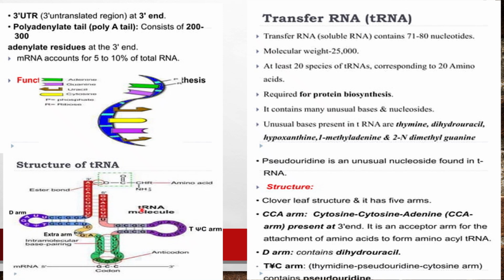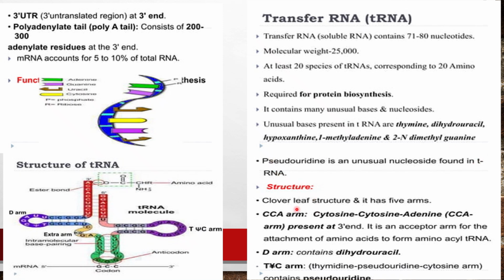That means there are various derivatives of the basic bases and nucleotides. Unusual bases present in transfer RNA are thymine, dihydrouracil, hypoxanthine, 1-methyladenine, and N2-dimethylguanine. Then pseudouridine is an unusual nucleotide found in the tRNA structure.